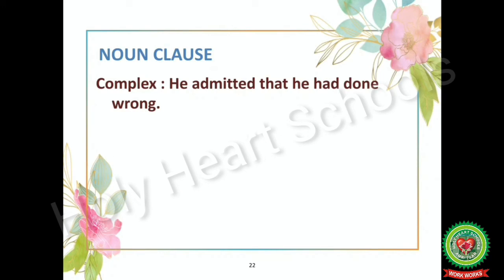The first thing that we need to do is to remove the conjunction plus subject plus second finite verb and change the noun clause into a noun or a noun phrase. And here what is the second finite verb? That is done. So removing done, we can write, he admitted his fault. Here we have changed he into his.